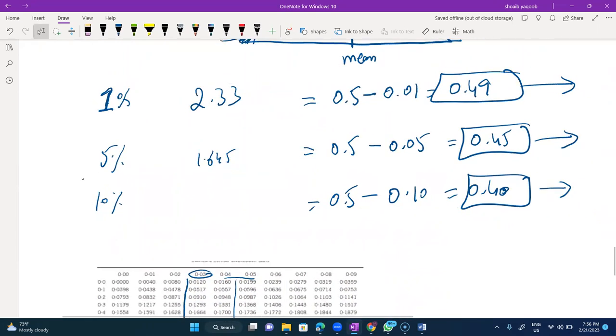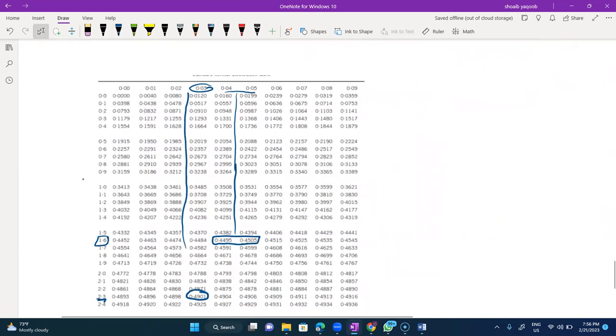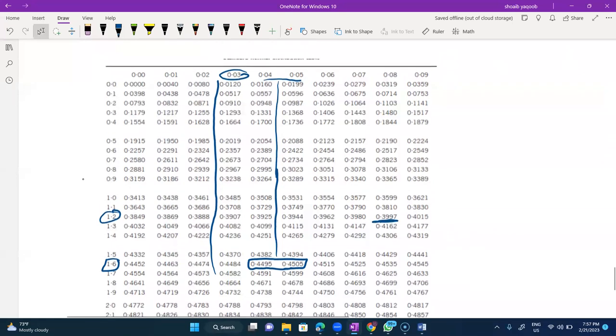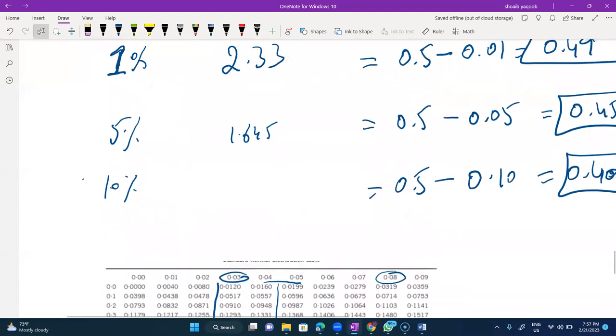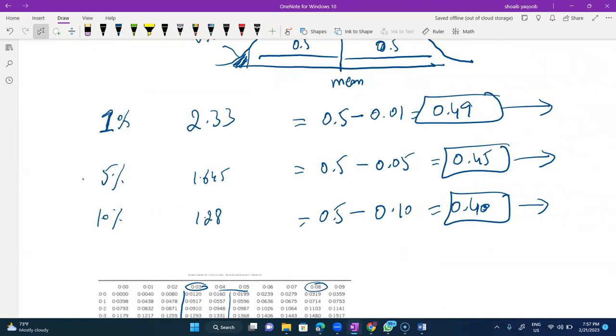Or you can say it is 1.65. Okay, now search 0.4 for 10%. This is the nearest to 0.4, 1.28. So that's how you will calculate the table value for the value at risk.